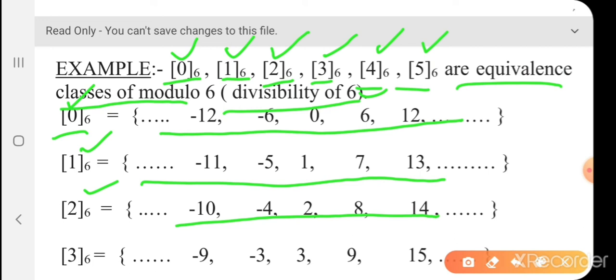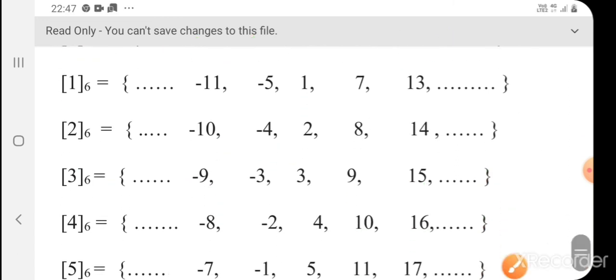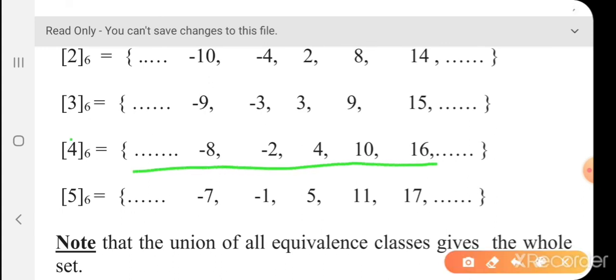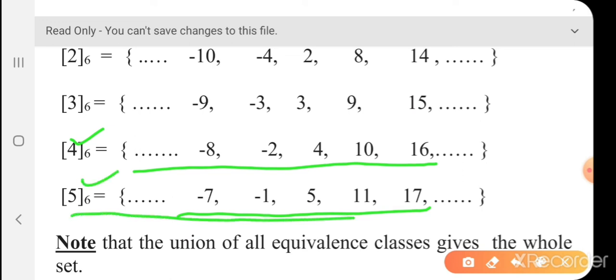These give remainder 3, so this is the equivalence class of 3. These give remainder 4, and these give remainder 5, so these are the equivalence classes of 4 and 5.